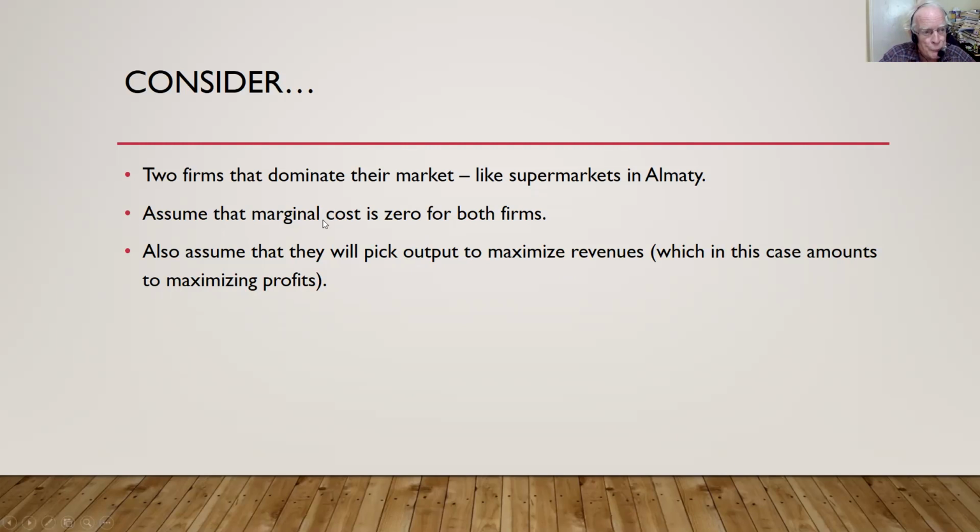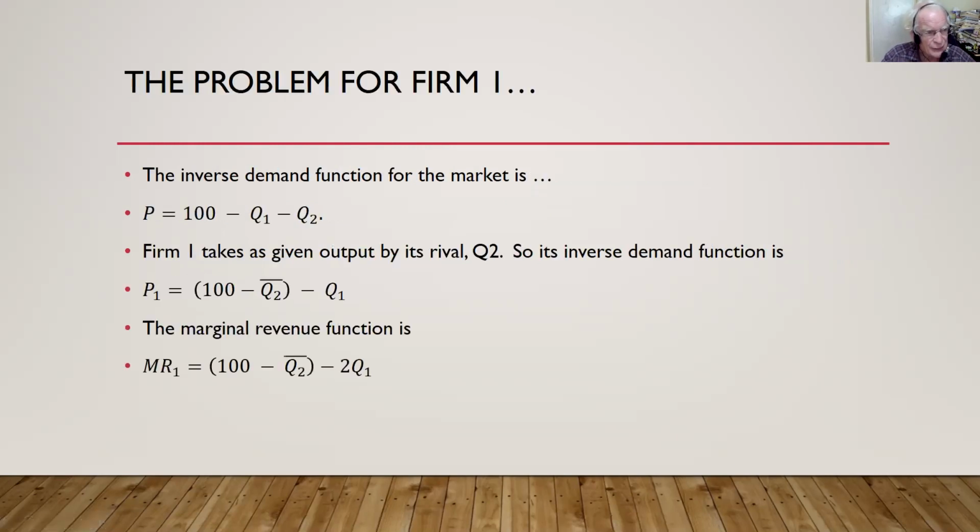Since they have set marginal cost equal to zero in the story, maximizing revenues amounts to maximizing profits as well. So to take a look at how much each firm is producing, let's go to the whiteboard.